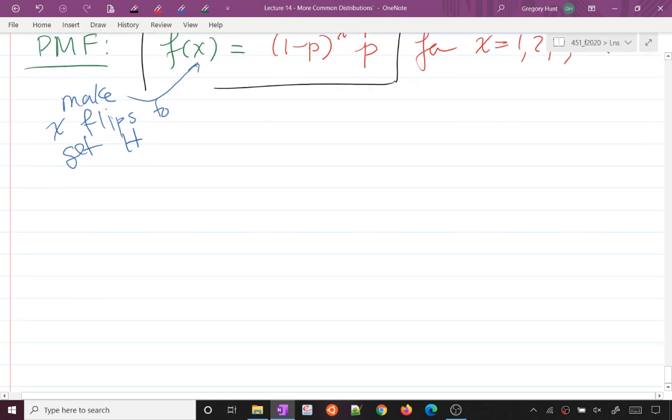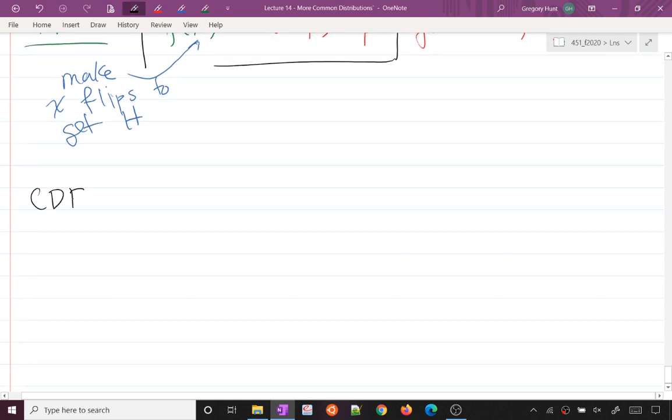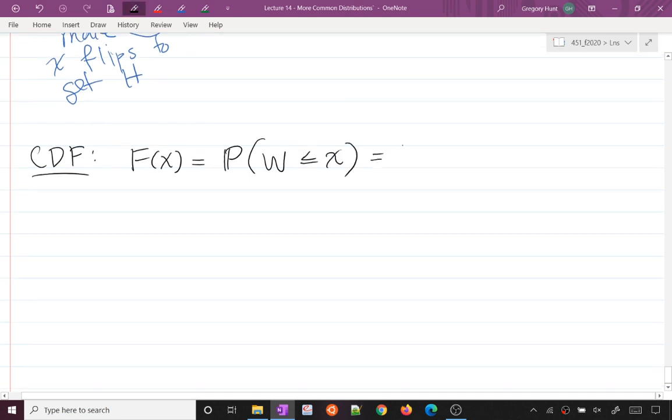Okay. This random variable actually, unlike some things like the gamma distribution, has a nice CDF form we can derive. So the CDF, F of x, is the probability that my waiting time is less than or equal to x flips. And I know I can just say that this is the sum, i goes 1 to x, of my PMF, f of i.